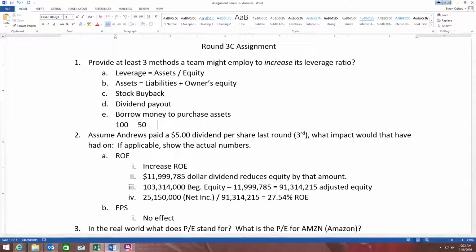Maybe I should put all three of these up here. So I've got $100 is equal to 50 plus 50.